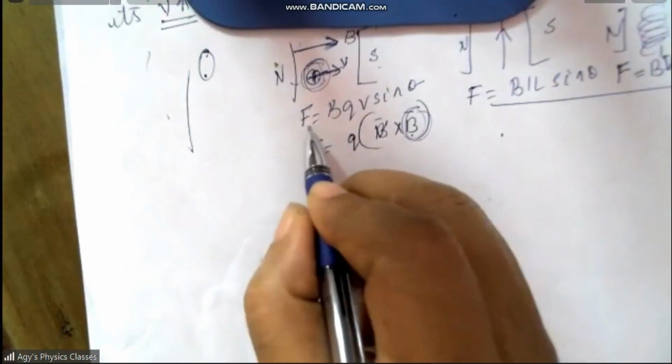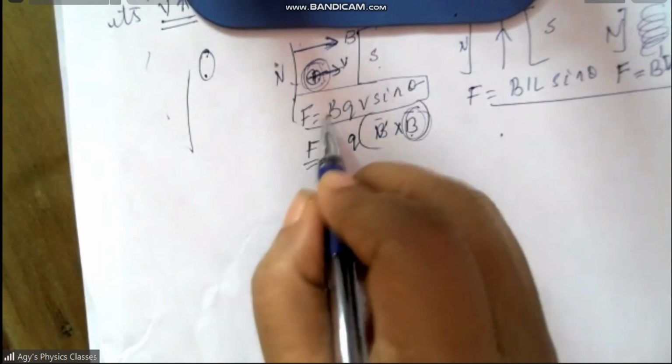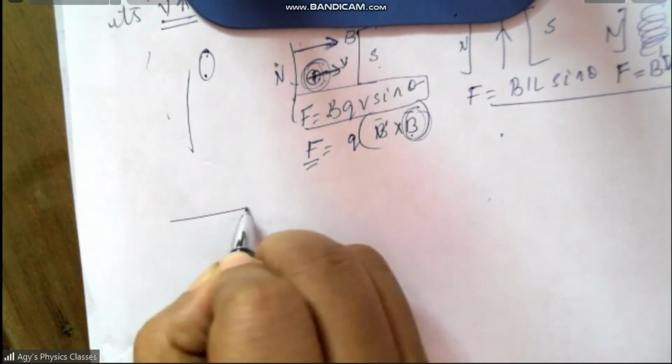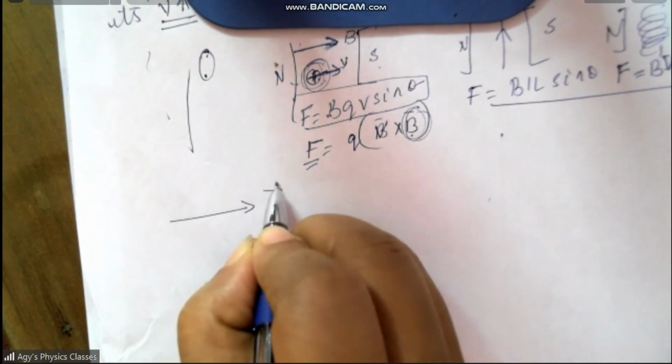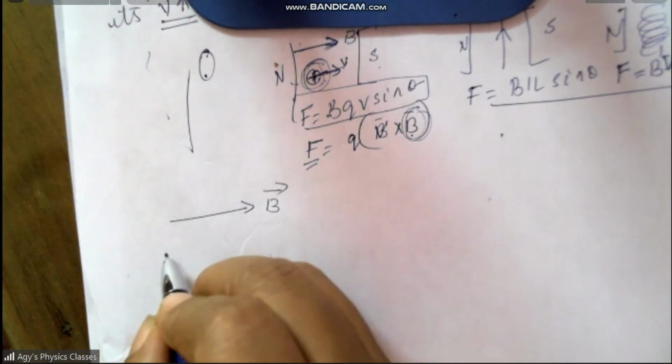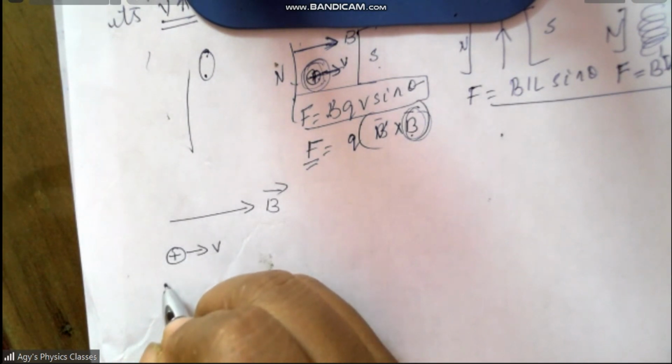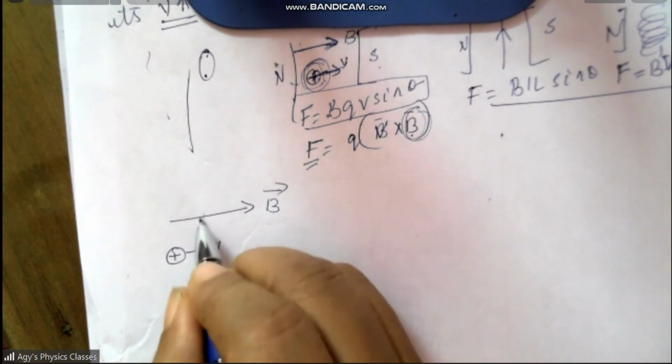Now, one more thing that you have learned. What is the direction of the force? Assume that you have got a magnetic field this way, and you are placing a charge which is moving this way. What is the angle between them?